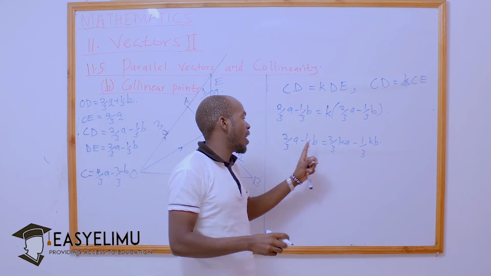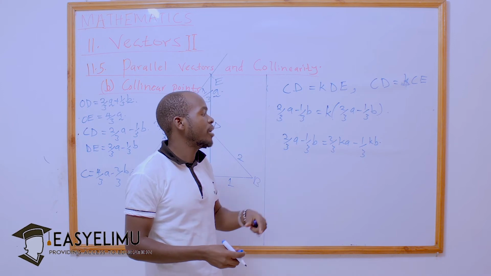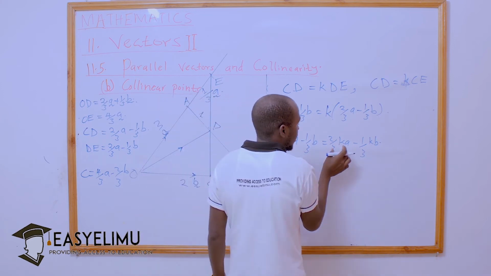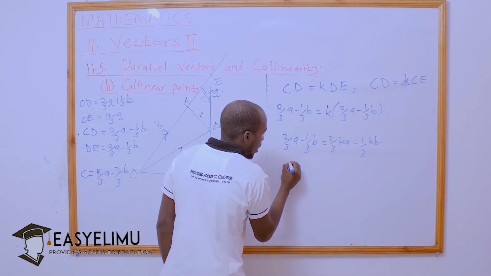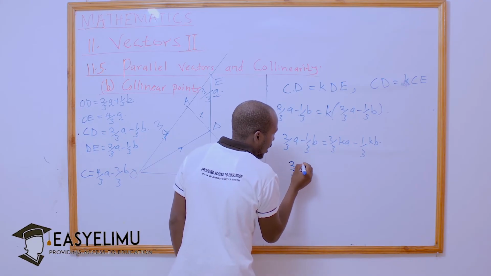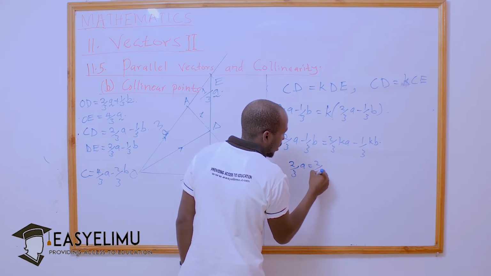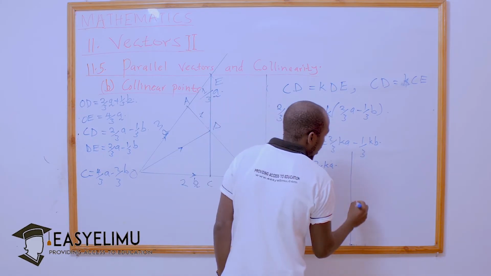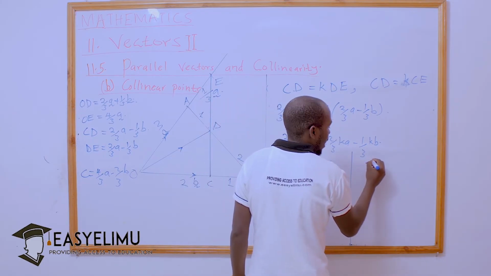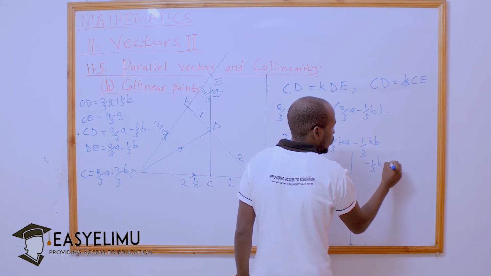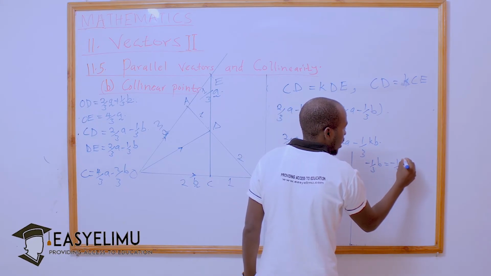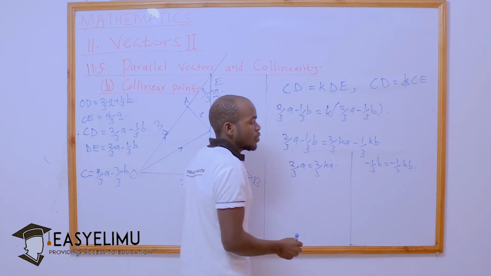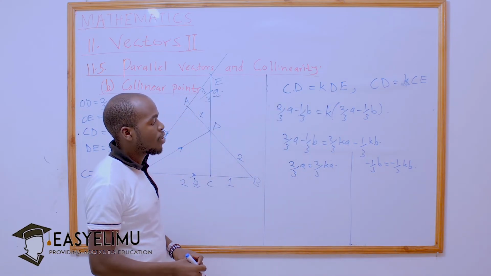Since we have a common in both a and b, we shall compare the coefficients here and say 2 over 3 a is equal to 2 over 3 ka. And also we have another one here, which is negative a third b is equal to negative a third kb. So on doing that, we shall find out the value of k.